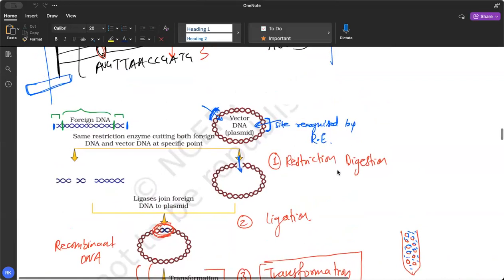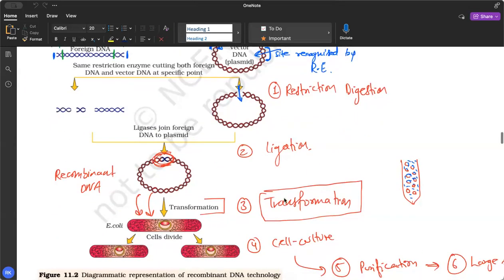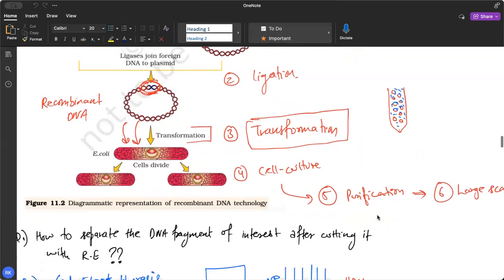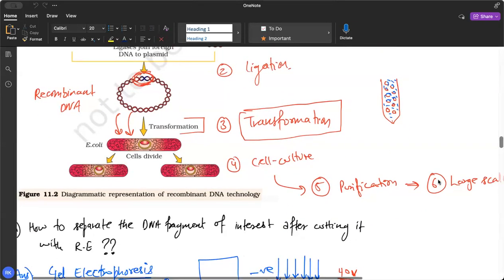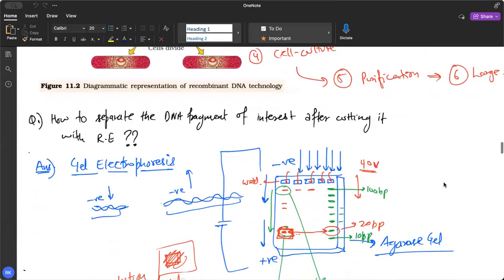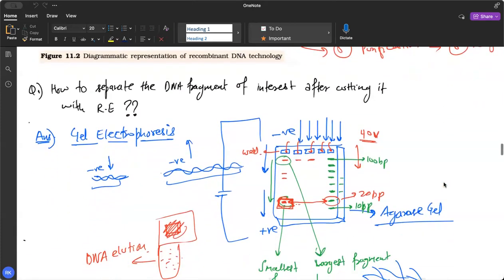So first is restriction digestion, second is ligation, third is transformation. Then we culture it. Culturing is basically cloning, because as the bacterial cell divides, it also makes multiple copies of our plasmid. And once that has happened, we purify, do a large scale production of that protein or that bio product, and then we sell it.